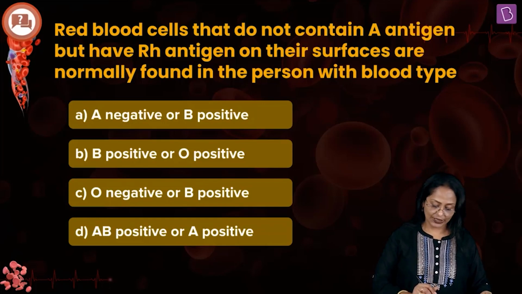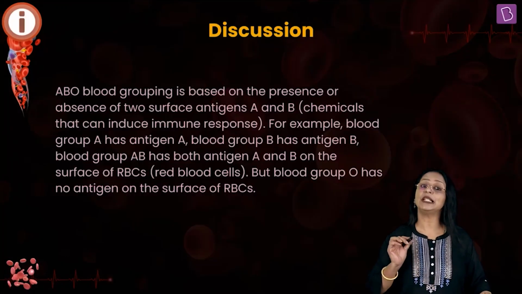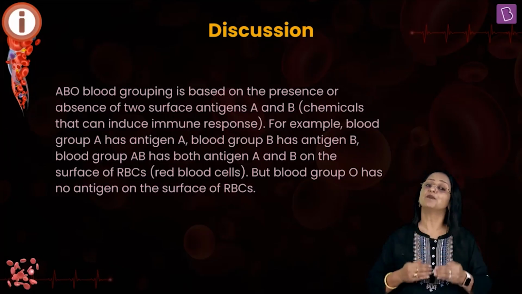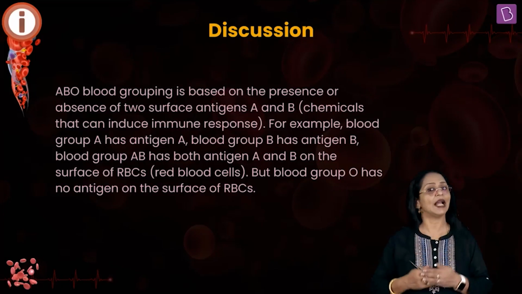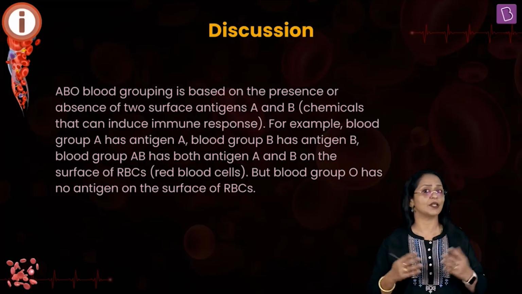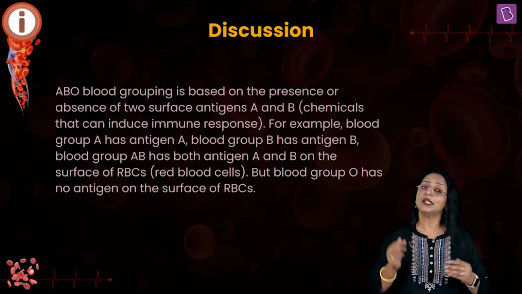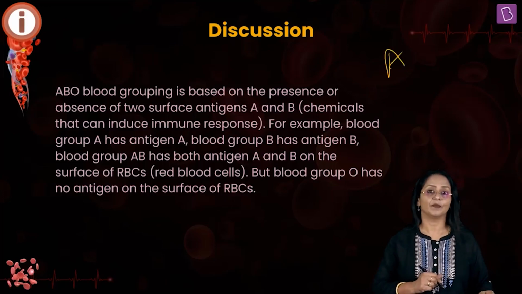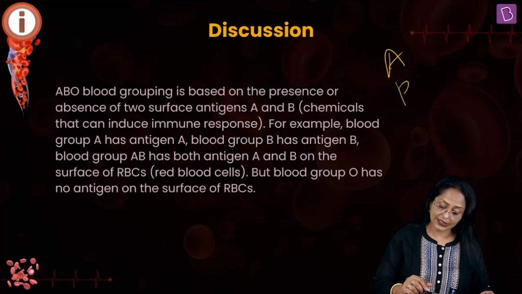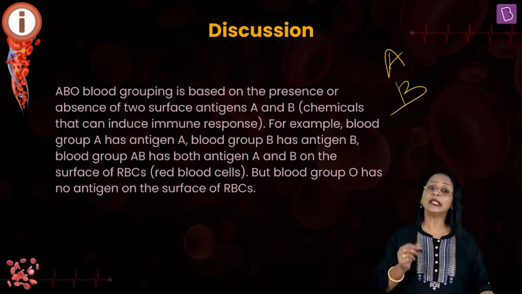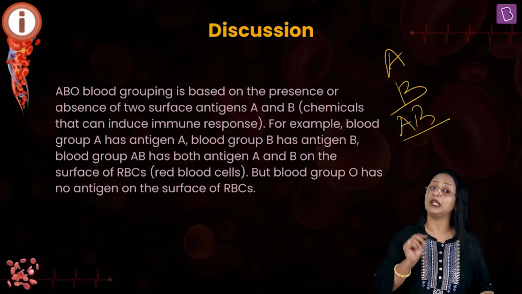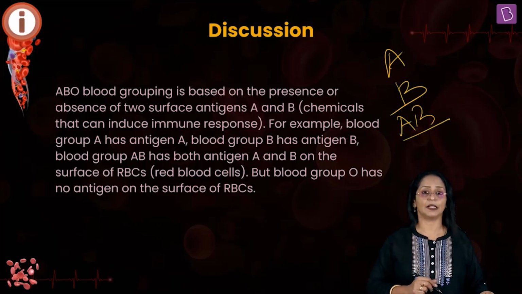Well, children, we are looking at blood grouping, especially the ABO blood grouping. It is based on the presence of antigens on the surface of the RBCs, or red blood cells. A person who has blood group A will have antigen A. A person having blood group B will have antigen B. A person having blood group AB will have both the antigens A and B on the surface of the red blood cells.